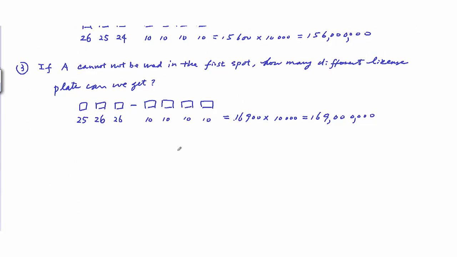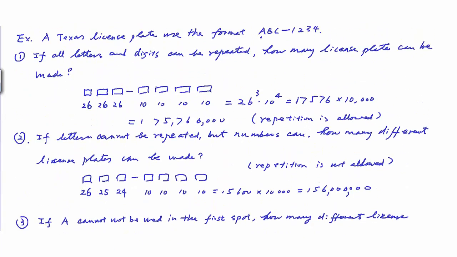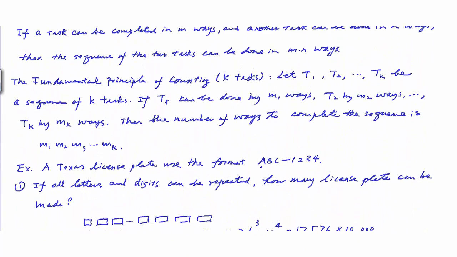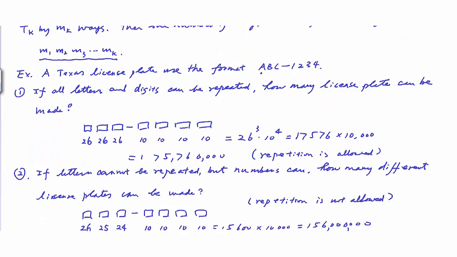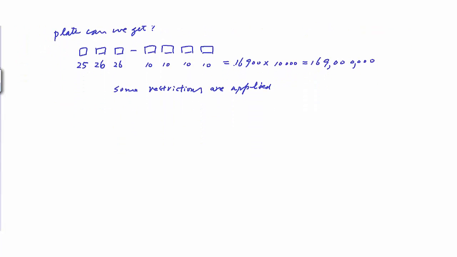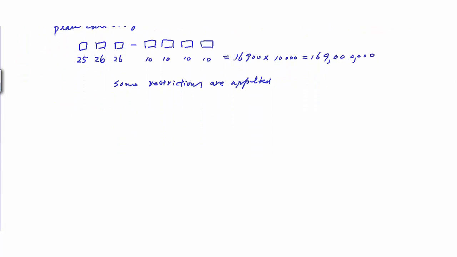And in this one, some restrictions applied. So this gives you an example of how we use the fundamental principle of counting. The fundamental principle of counting is also known as the multiplication principle, because the total number of ways is a product of these numbers. So it is also called the multiplication principle.